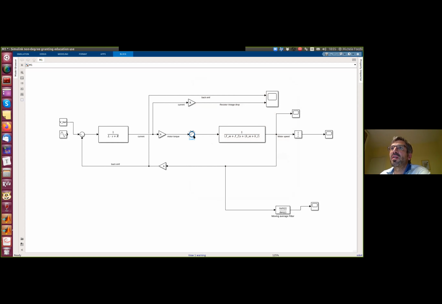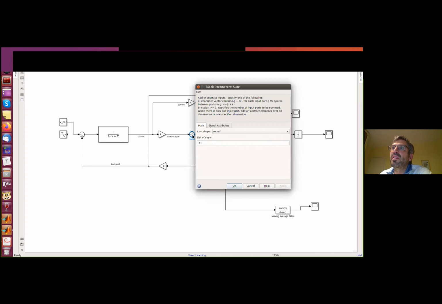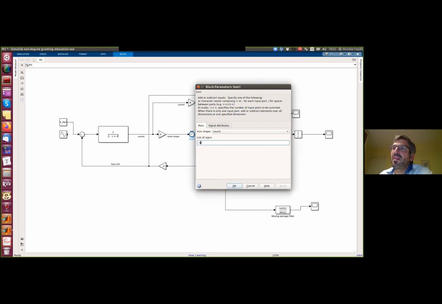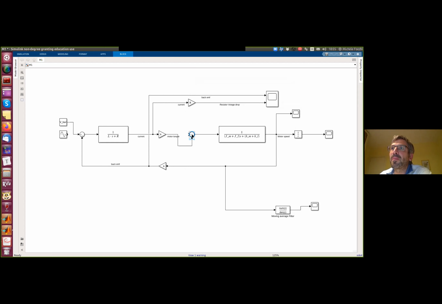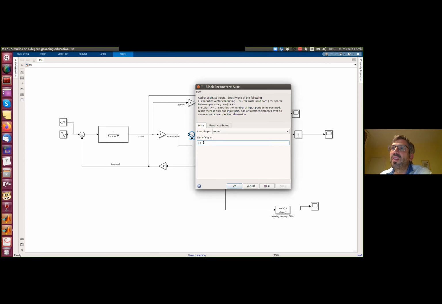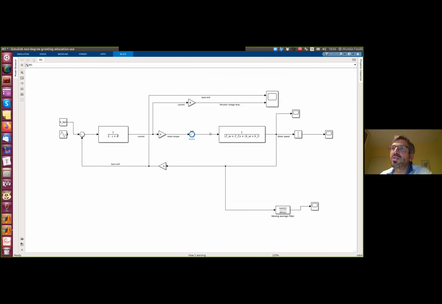Control R rotates the block, and I never understood what this means, but I think you can have different orientation of the plus and minus sign. You should read the instruction. Each block in Simulink is properly documented. You can find a lot of resources.